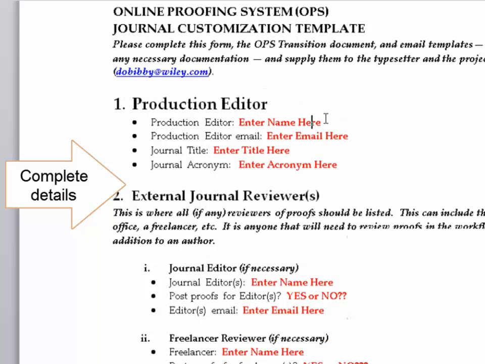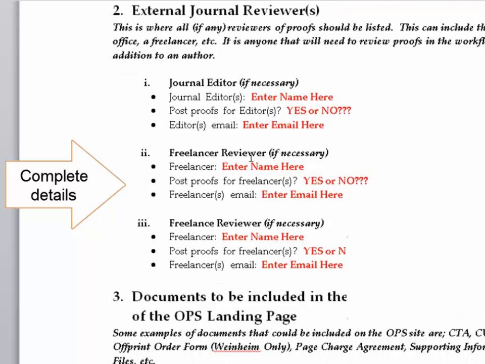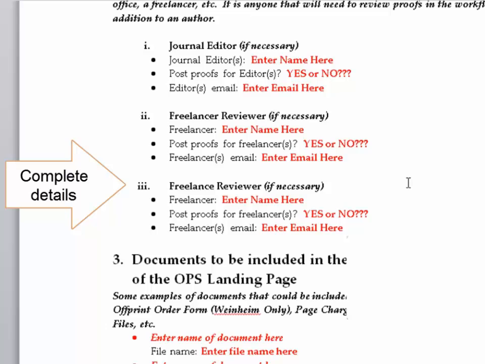First of all, fill in details about us and the journal, and then we need to give the details of any people who regularly check the article. Obviously for the authors, we can't fill that in because it's a different author each time, and the typesetter just uses the corresponding author email address. But for the editor, we would have to put in their address if we want them to be sent the proofs. And if we've got freelancers or anyone else that checks it, we need to put in their details here.